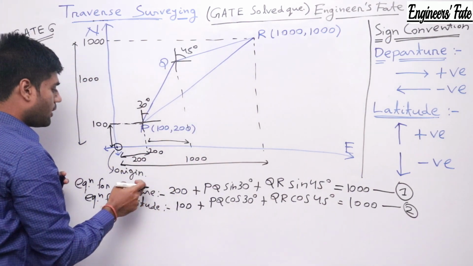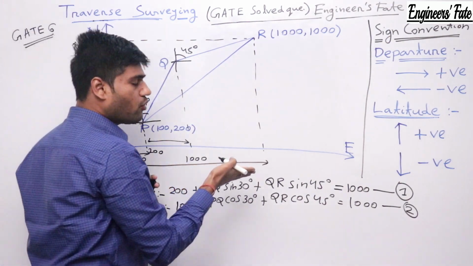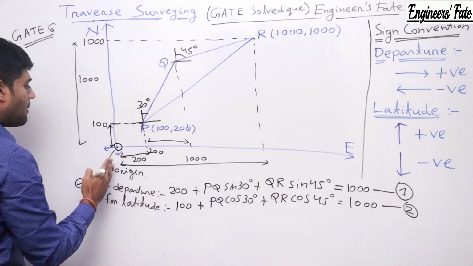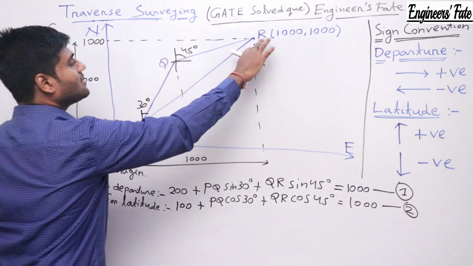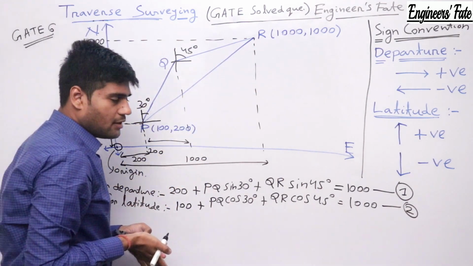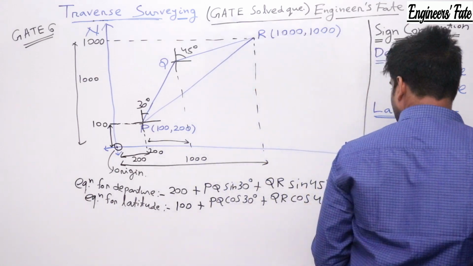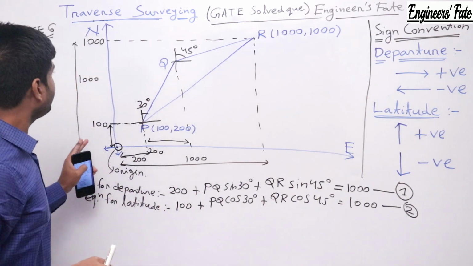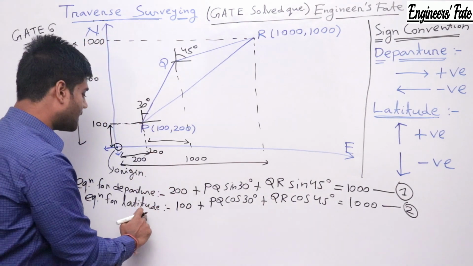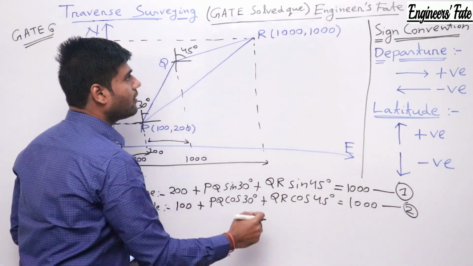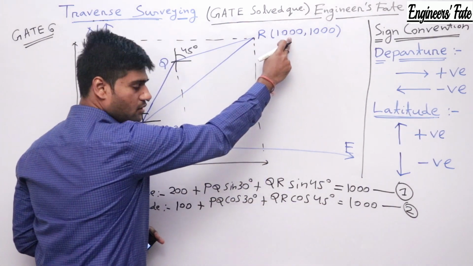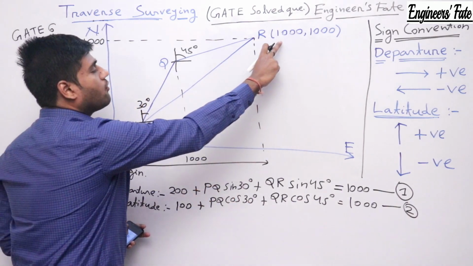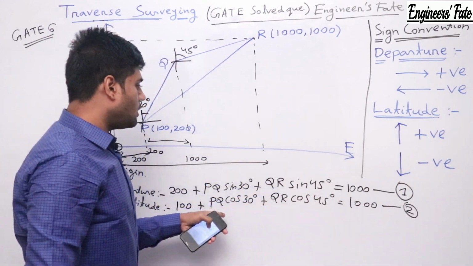So the departure equation means I have to travel towards east to reach at point R and I have to travel above to reach at point R. So if I am traveling in the east, the departure value will be positive, and if I am traveling towards north, towards above, the latitude values will also be positive, and finally I am at this point. So whatever the values of the coordinates, that will be equal to this equation.